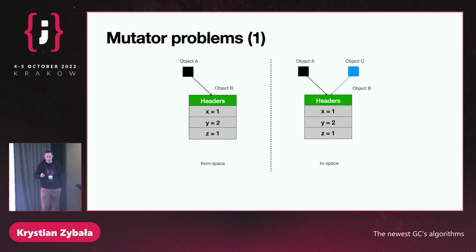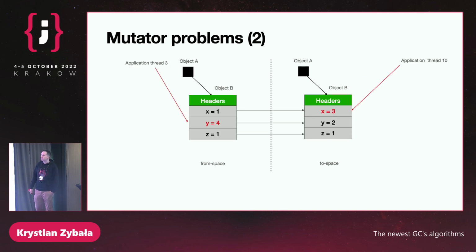It's sometimes tricky. And we have a second situation when, for example, thread 3 mutates object B in the from-space copy, but thread 10 mutates object B in the to-space copy.